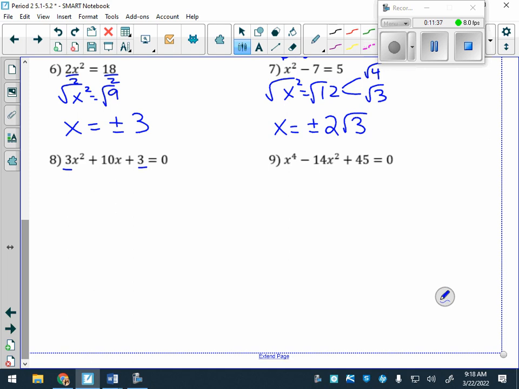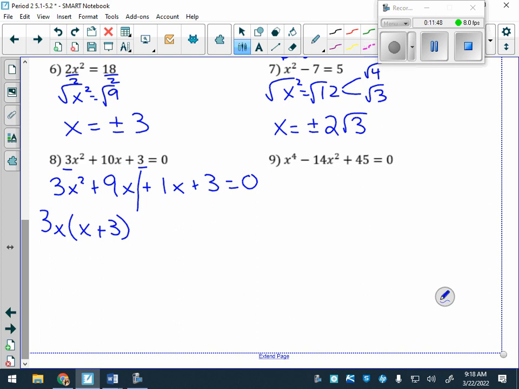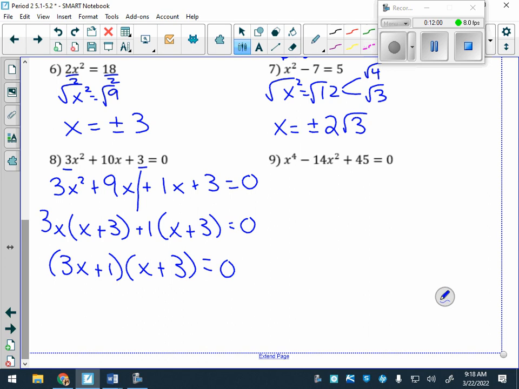What multiplies to 9 and adds to 10? Okay, we split the middle here. Okay, greatest common factor of the first two is 3x. You have x plus 3. That's 1. X plus 3. Our parentheses match, so you group together. Some of you left it as this, but it's set equal to 0, so you have to solve. X equals negative 1/3 and negative 3. Okay.